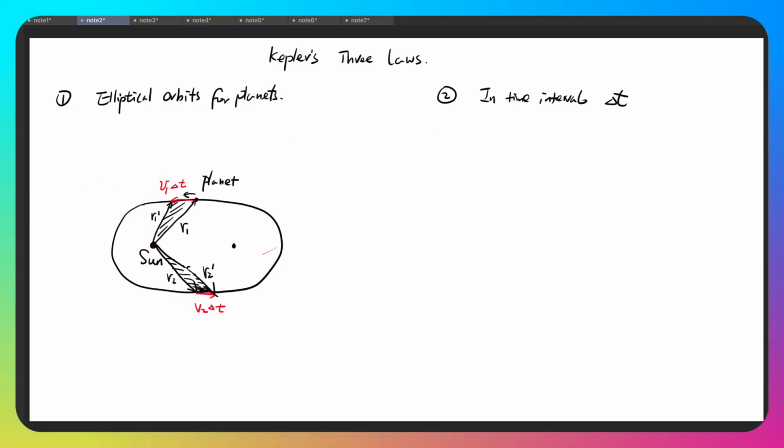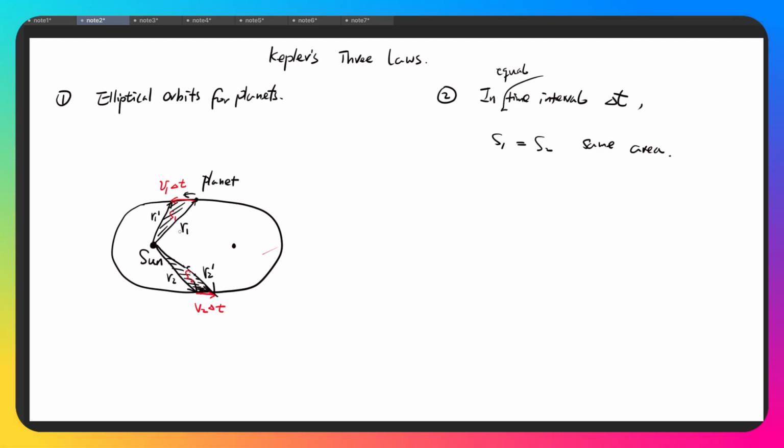Now Kepler's second law says that these two areas are the same. So let me label this area 1, area 2, and it says that in equal time intervals, S1 equals S2, same area. Now why is this true?